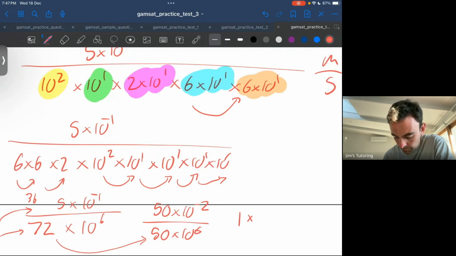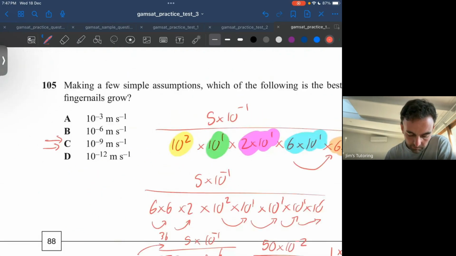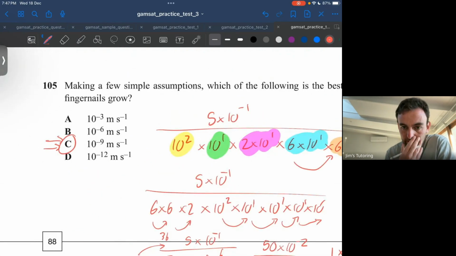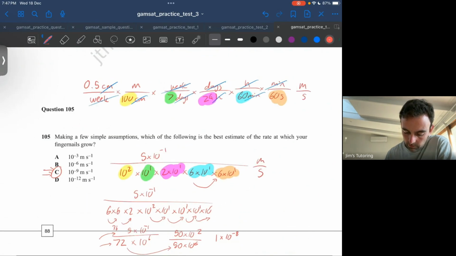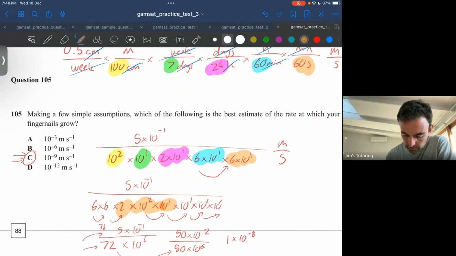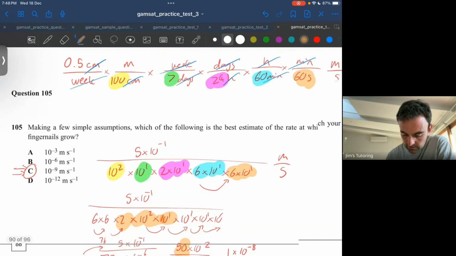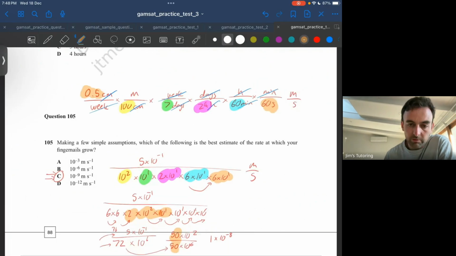So that just becomes 1 by 10 to the minus 8. And yeah, the closest answer would be C. So the effect really of all these estimations that I've done here, like changing some of these numbers and maybe even our original estimate, they're probably the reasons why we're a factor of 10 away, which is actually quite a large amount.